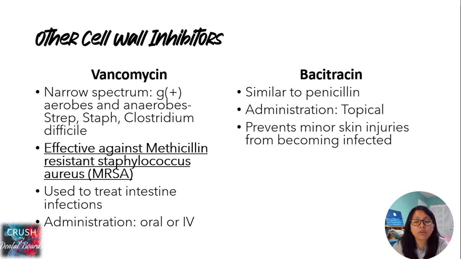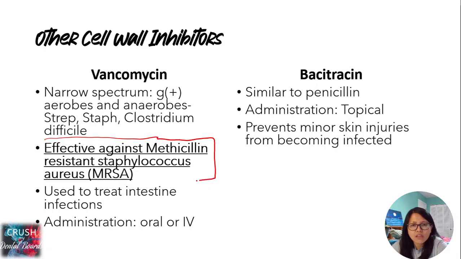Now, other cell wall inhibitors. We have two. We have your vancomycin and we have your bacitracin. Now, what's special about vancomycin is that it is narrow spectrum, but the thing that we have to take note of is that vancomycin is very effective against MRSA.